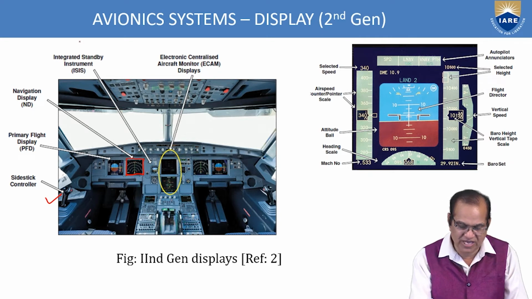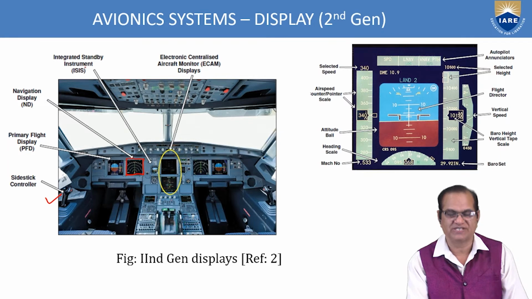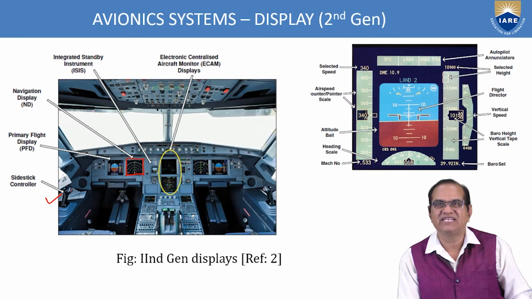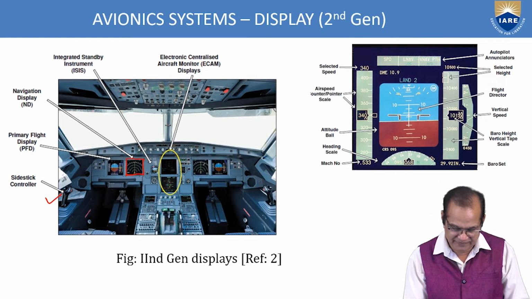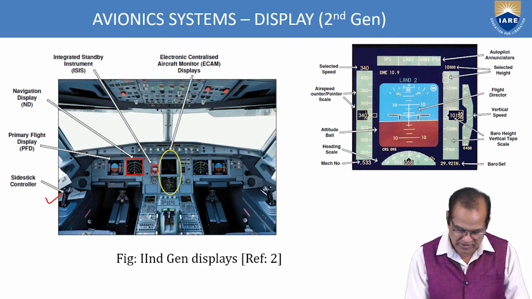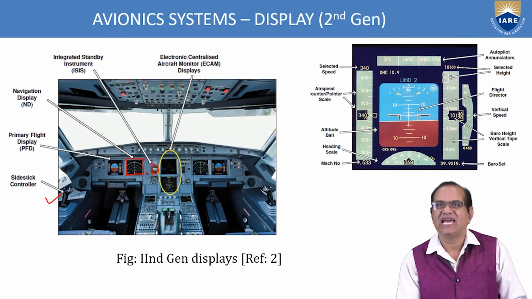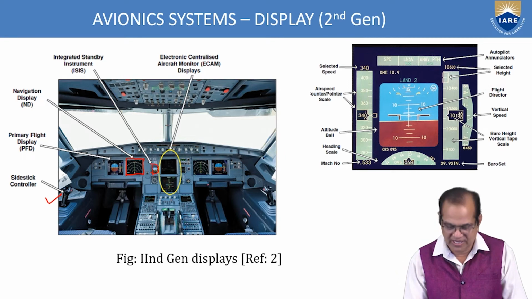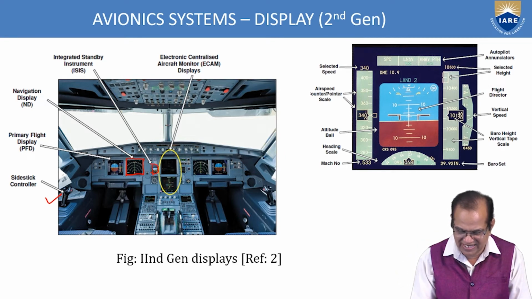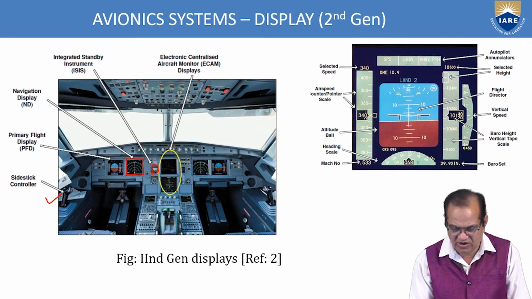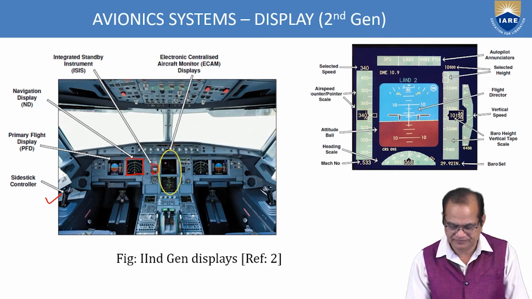Then here we have the integrated standby instruments, ISIS. Then we have the electronic centralized aircraft monitor, ECAM display. Here you will have all the engine and system information visible.